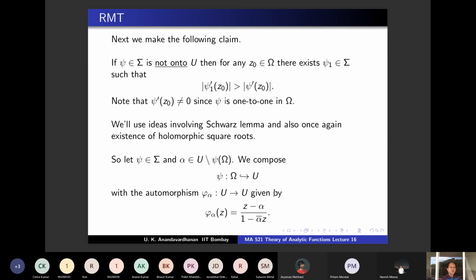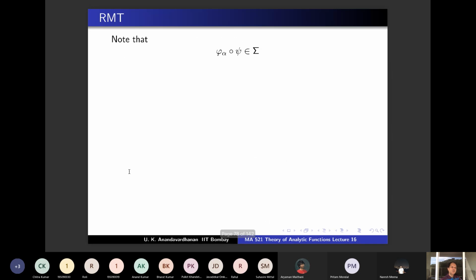So from u to u, you have phi alpha, and you consider phi alpha composed with psi. You agree that phi alpha composed with psi is valued in u, because it is this together with u to u. And phi alpha is a bijection and psi is 1 to 1, so the composition is also 1 to 1. So phi alpha composed with psi is another element in this sigma. And this is non-vanishing on omega. Why is this non-vanishing on omega?